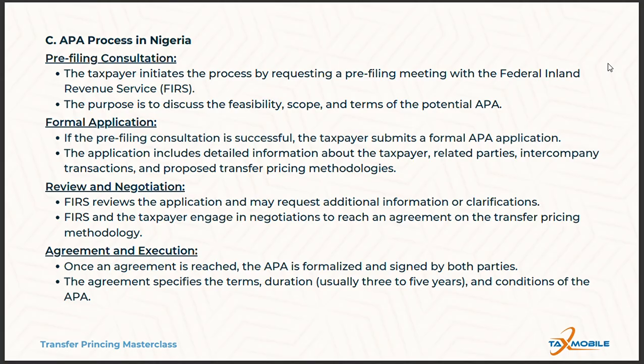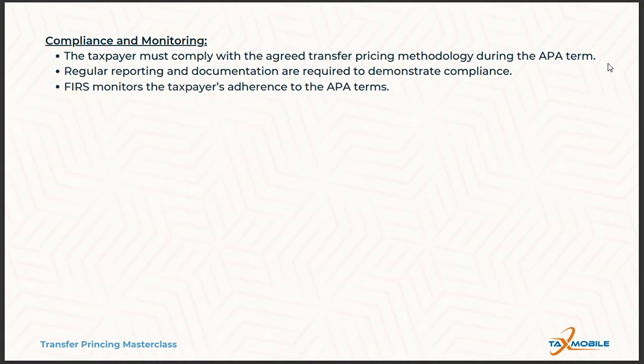Now, adherence to that after the formalization. Now we look at compliance and monitoring. So during the term of the advanced pricing agreement, the taxpayer must adhere to the agreed transfer pricing methodology, and the taxpayer is also required to provide regular documentation and reporting to demonstrate compliance and to demonstrate that they are keeping to the terms of the advanced pricing agreement.